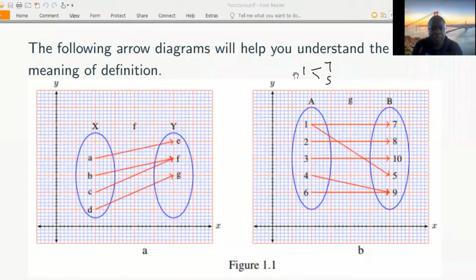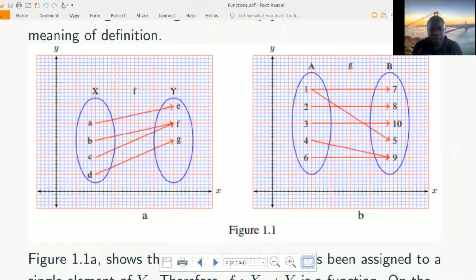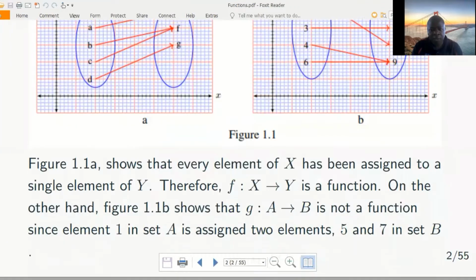I'm just helping you to understand the notion of function, what a function is. So these diagrams were meant to just help you understand what a function is. What is here is just an explanation of what I've already explained. I've said figure 1.1 shows that every element of X has been assigned to a single element, and this is very important, single element.